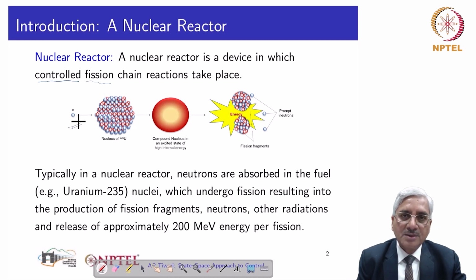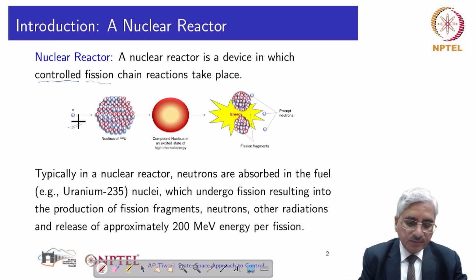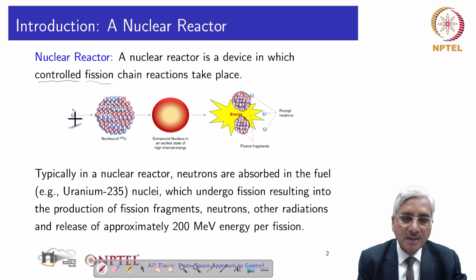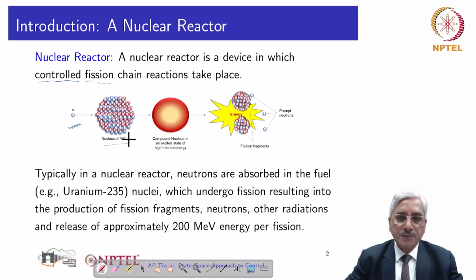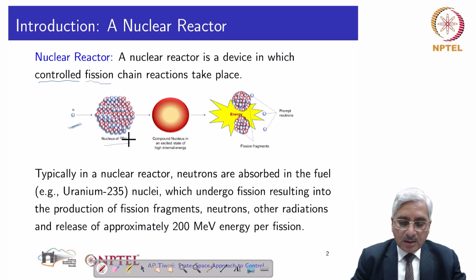There are so many nuclear reactions taking place simultaneously. We consider one of them. A neutron at an appropriate energy bombards the nucleus of uranium-235 and gets absorbed into it. The compound nucleus, which now contains an excess of neutron, is in an excited state.